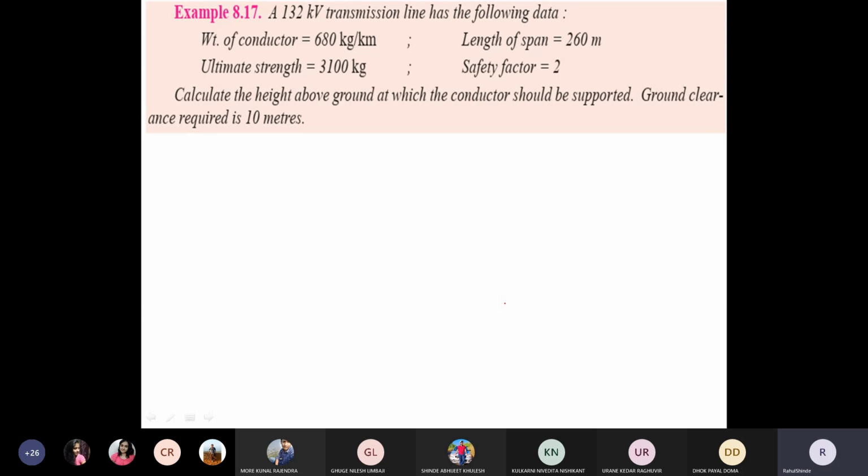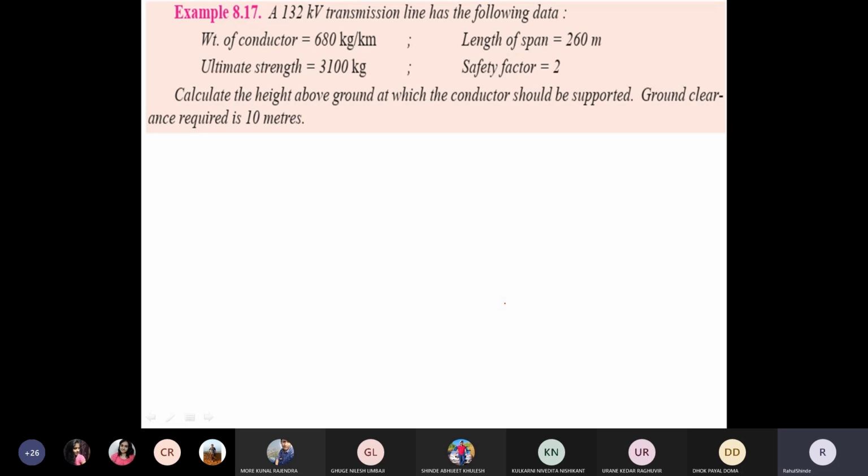Calculate the height above ground at which the conductor should be supported. The ground clearance required is 10 meters. What is meant by the ground clearance?